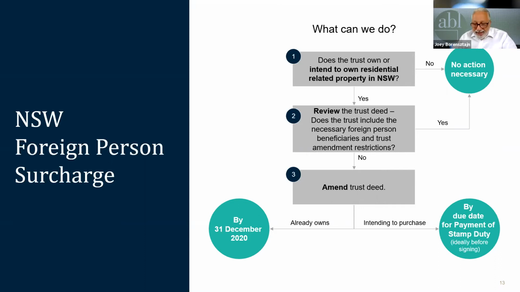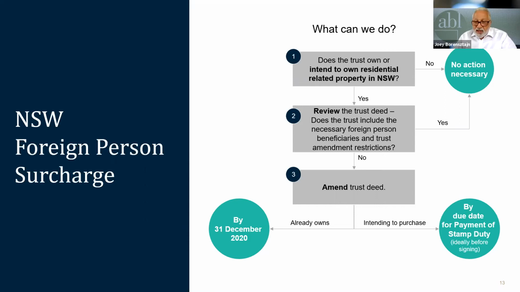Just to remind you again that a family trust will be a foreign person unless the deed expressly provides that no foreign person can be a potential beneficiary, and reminding you that wouldn't exclude Australian citizens. And also the trust deed contains an express provision that it can't be amended to allow a foreign person to become a potential beneficiary in the future.